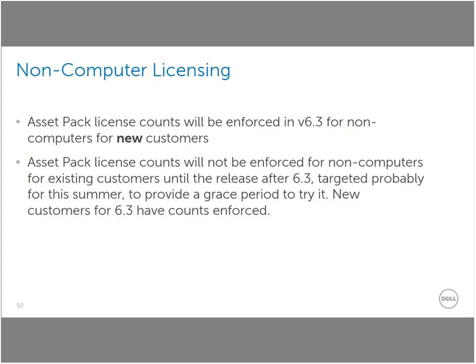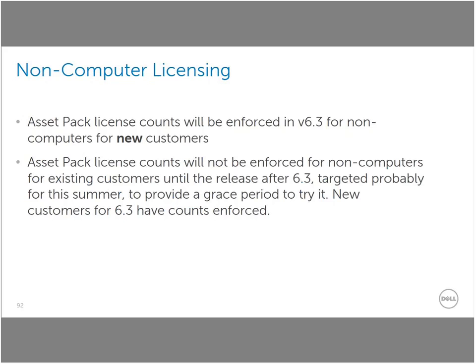And then for the non-computer licensing, which is new, you buy an asset pack license count, and you're going to enforce that in version 6.3. Okay, for non-computers for new customers. So you want to get on this and start using it now, testing it, because you provision it and it's not going to cost anything.